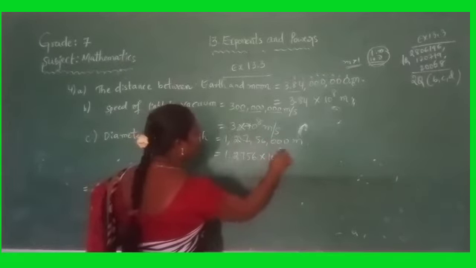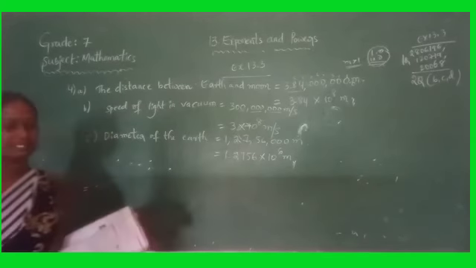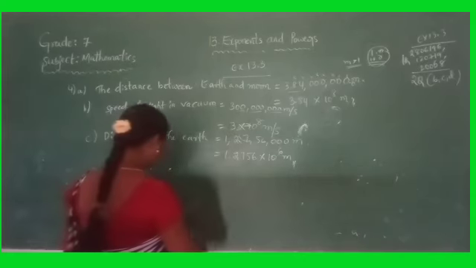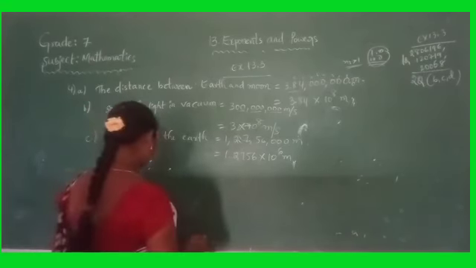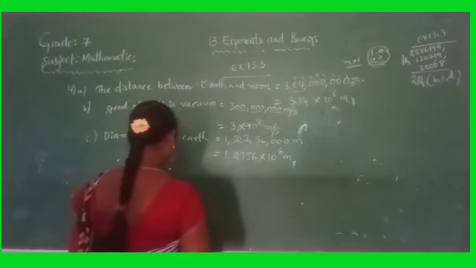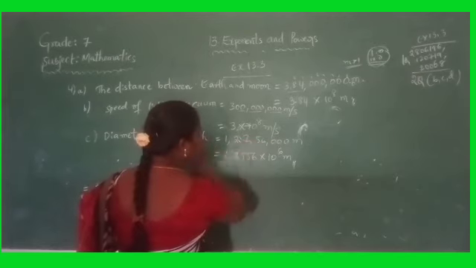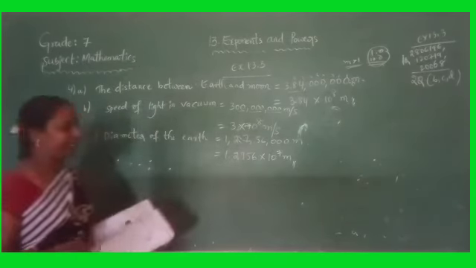Very good. 10 to the power of 6 meters. So 1.2756 into 10 to the power of 6 meters. 6, yes? 7 is there, I think. 1, 2, 3, 4, 5, 6, 7. Sorry, here 7. 10 to the power of 7 meters.